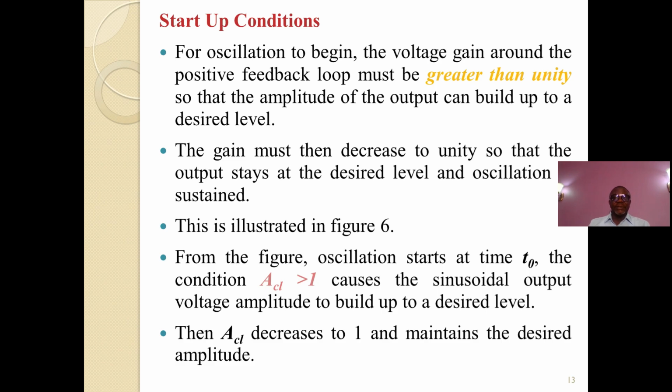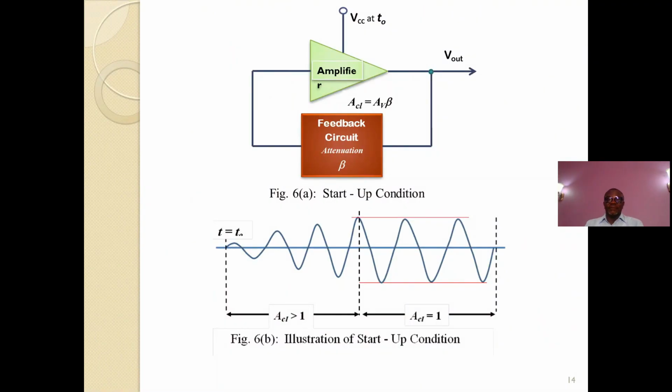Then, when it gets to the desired level, the system is designed such that the closed loop gain, ACL, decreases to unity and maintains the desired amplitude. Now, this is what we are saying.